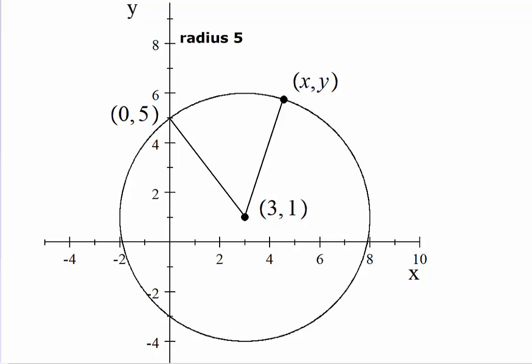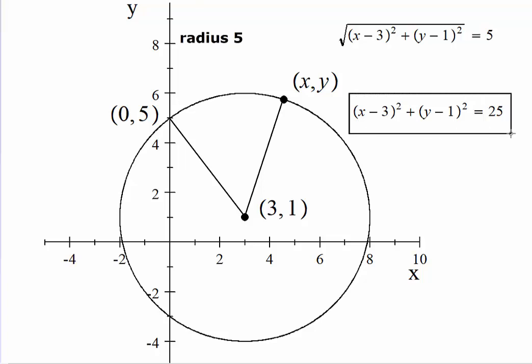Then just do a little algebra: the distance between (x, y) and (3, 1) is 5. If we square this equation, we get an equation of the circle in this form: (x minus 3) squared plus (y minus 1) squared equals 25.